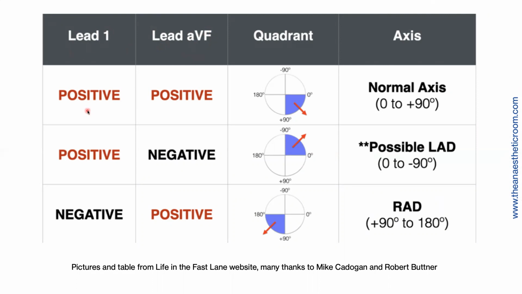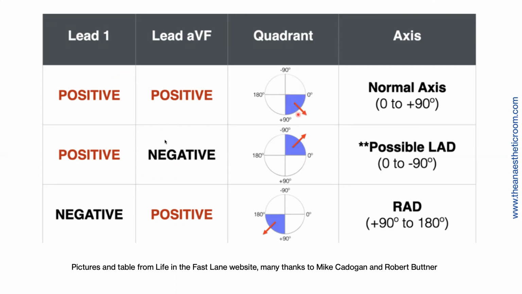The positive complexes are going towards the lead you're looking at. So if you have a positive complex in lead 1, which means the R is bigger than the S, and the same in lead AVF, that means the electrical signals are going towards lead 1 and towards AVF equally in both directions. So that is a normal axis.